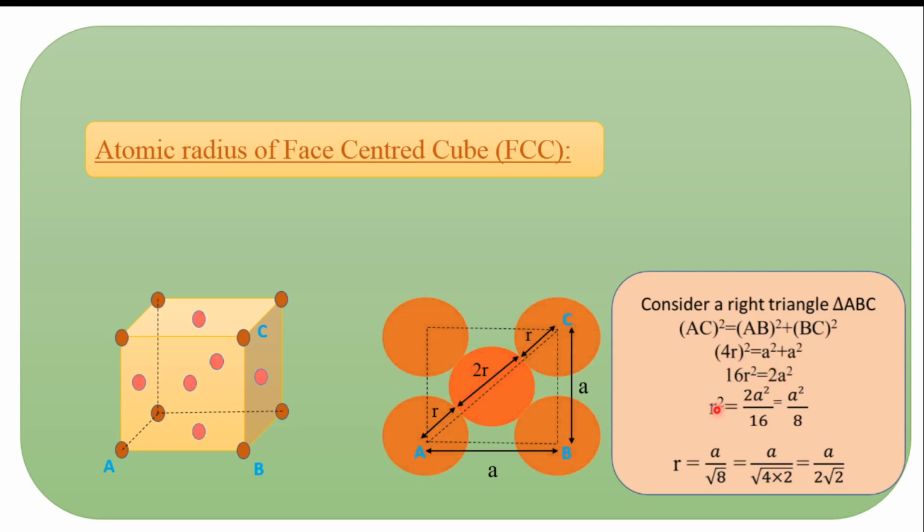So R square is equal to 2A square divided by 16, or A square divided by 8. Therefore R is equal to A divided by under root 8, that is A divided by 2 under root 2. So this is the atomic radius of face center cube.